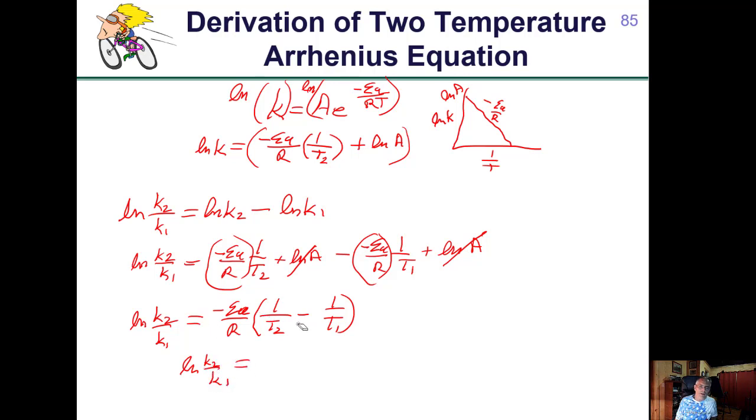When I multiply through, I wind up with a negative 1 over T2 and a positive 1 over T1, and so that's going to be E of A over R times 1 over T1, which has been converted to a positive, minus 1 over T2. And that's the derivation of the two-temperature Arrhenius equation.